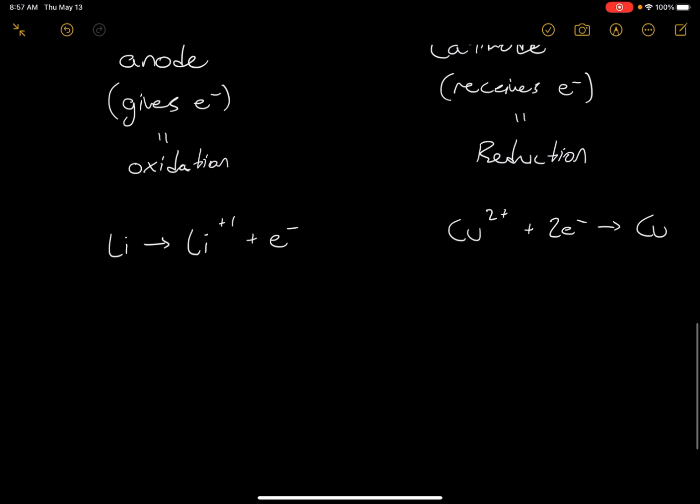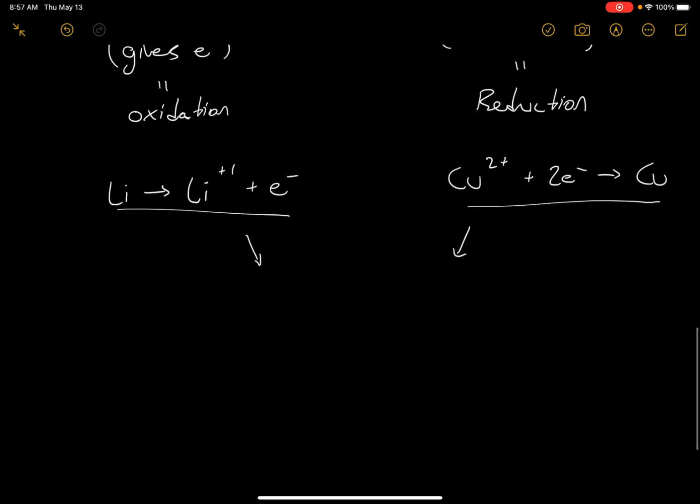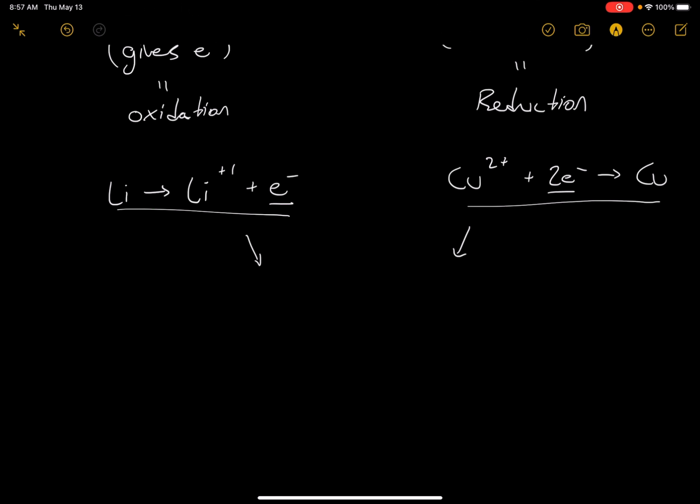Now, next we talked about combining. So these reactions here are known as half reactions because it's only half of the reaction that's happening inside of the battery. But we want to look at the whole thing. So we want to combine these into one reaction. But the only thing we have to do first is make sure that our anode and our cathode are giving and receiving the same amount of electrons.